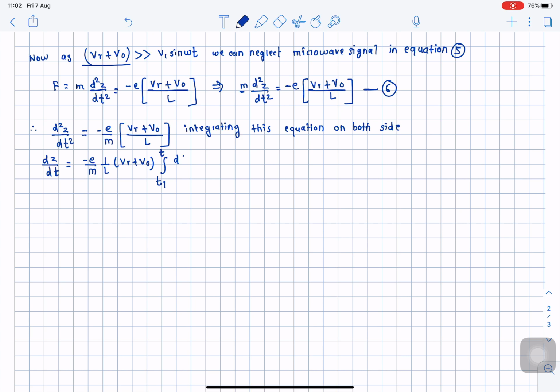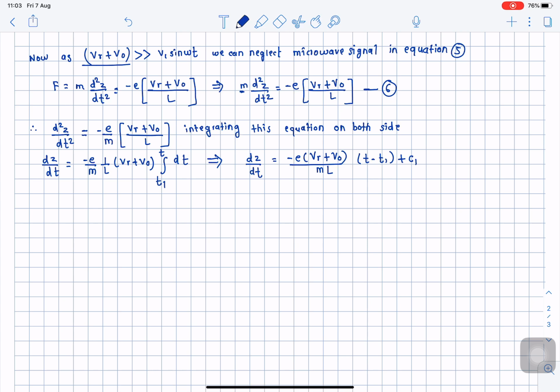So what we get from this is dz by dt is equal to minus e into bracket Vr plus V0 divided by m into capital L, times t minus t1, plus some constant of integration, that is c1.